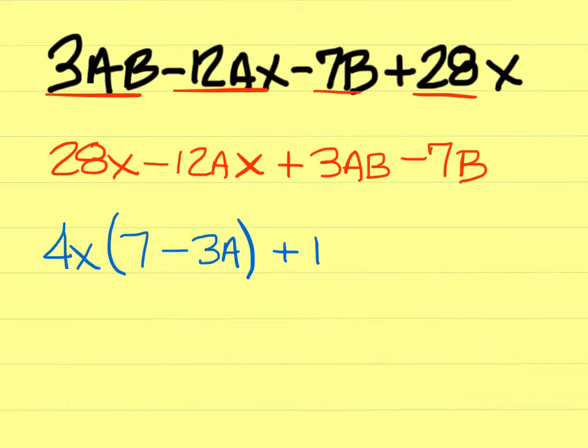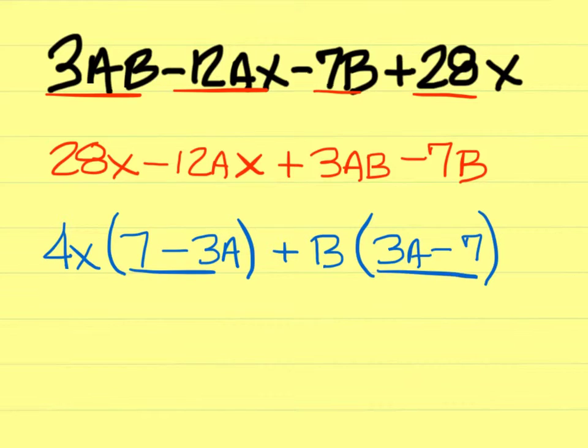And then on the back side you can take out a B and be left with 3A and then minus 7. Now notice you're not going to have the same quantities there. If you don't have the same quantities, it's not going to work out. There is a way you could approach that, but we're not going to do that. I'm going to go back and do this.